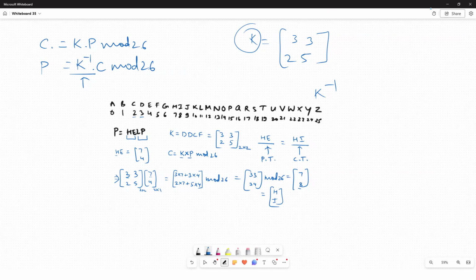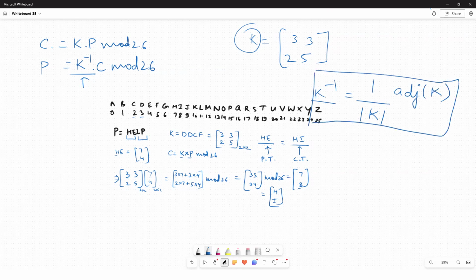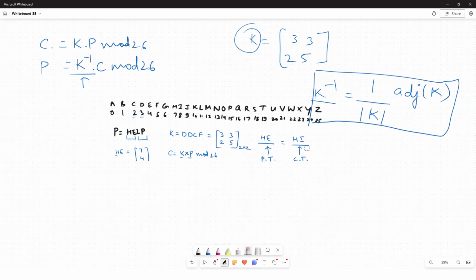Yeah, you do three operations in order to get this K inverse. And generally, K inverse is 1 over the determinant of your K times the adjugate of K. That's K inverse. And I'll tell you how you calculate the adjugate as well as the determinant for a matrix. So let me get rid of all of this.